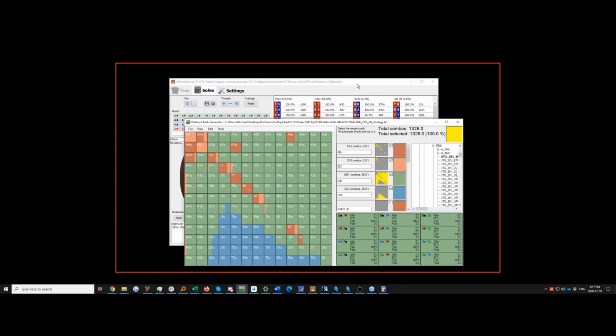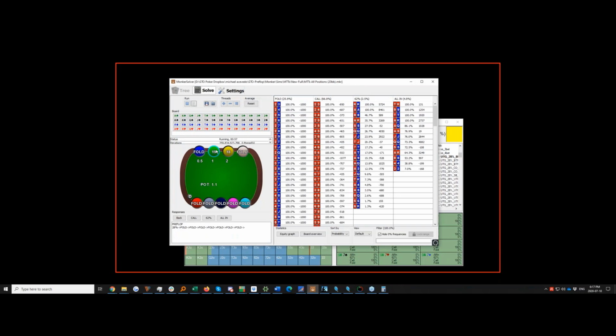Now, let's take a step back here. Can some of you guys tell me what the pot odds are? How much equity does the big blind need to be able to call here in theory, if you look at pot odds only? Can some of you in the chat make that calculation?